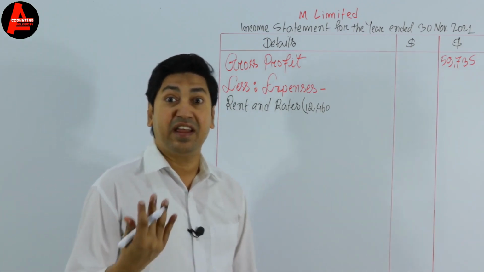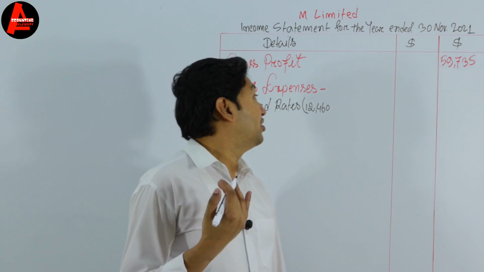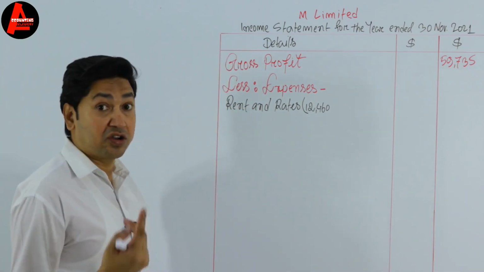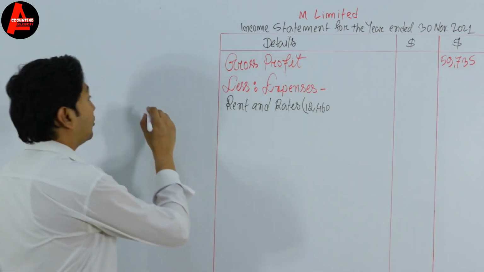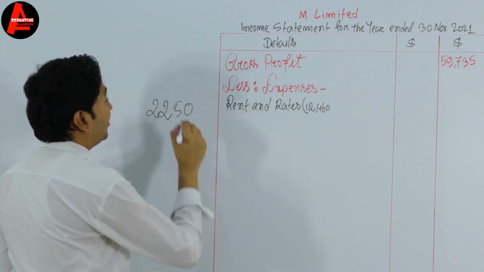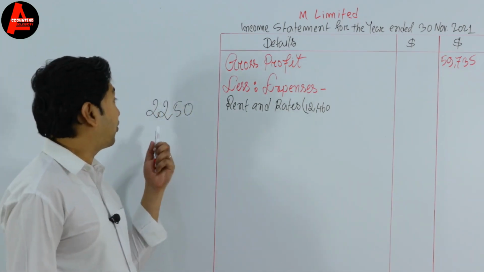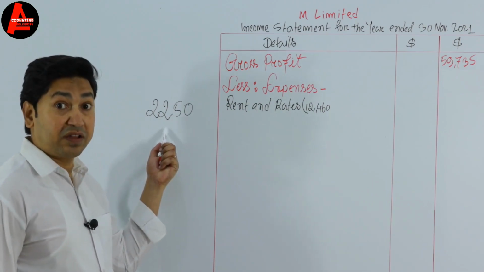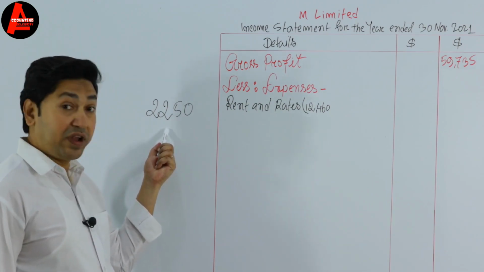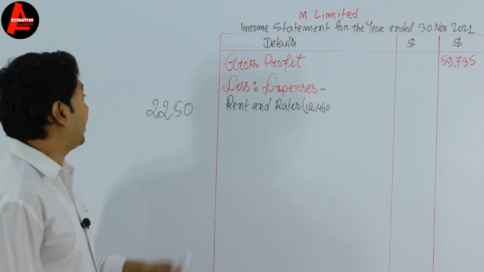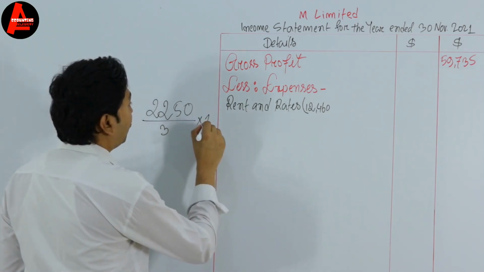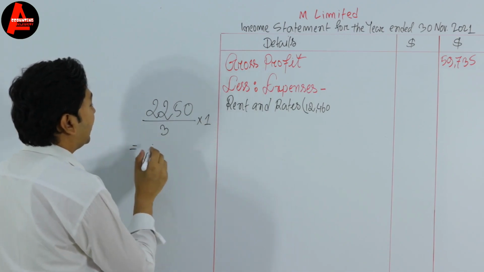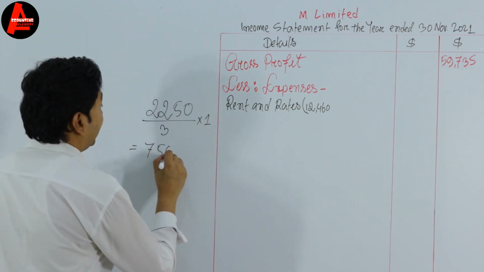So it is paid in advance. So for 3 months, October, November, December, the business paid $2,250. This is for 3 months. So here 1 month amount is included which was paid in advance. So let us divide by 3 and multiply by 1. So what do we get here? $750.